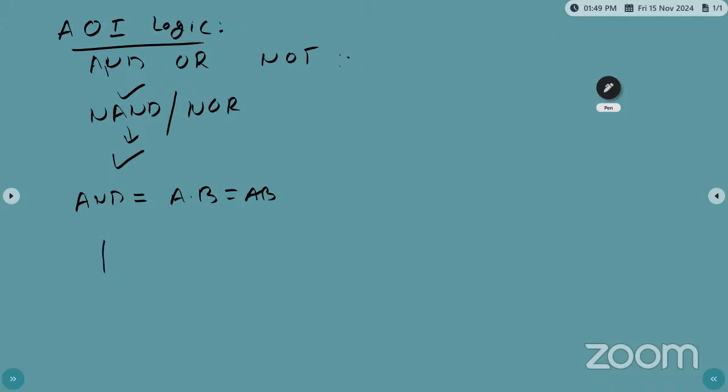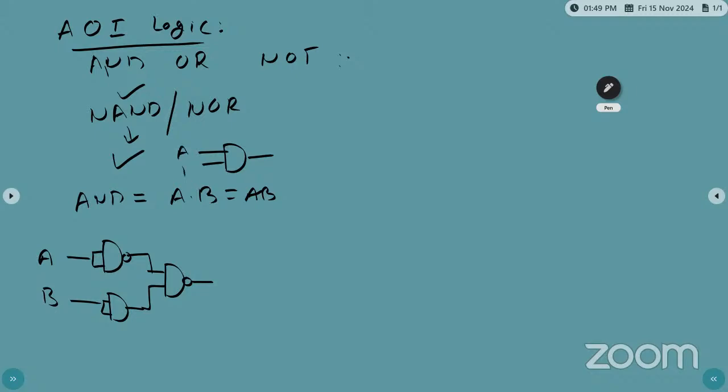Now we can take the inputs A, B. So this expression, the AND gate symbol is this.